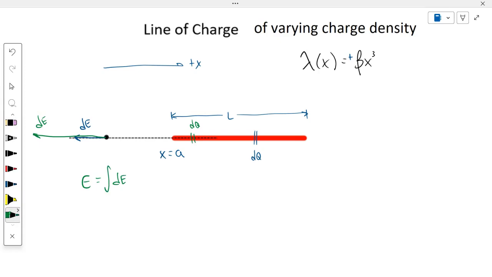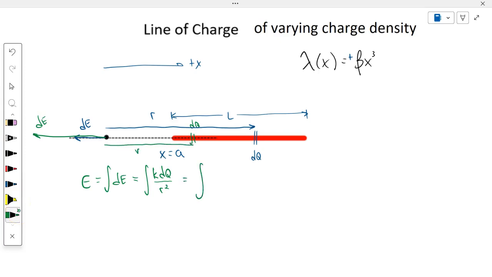We say that our dE's are made by point charges dq's, so we can call this k dq over r squared, where these r's refer to a vector r locating this blue dq, and a vector r locating this green dq.